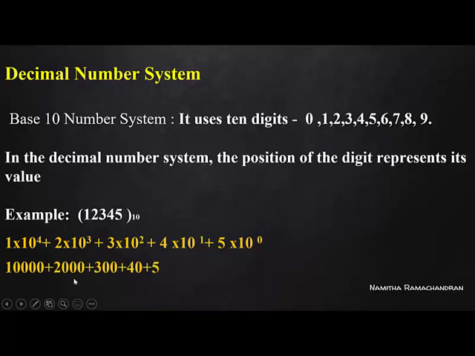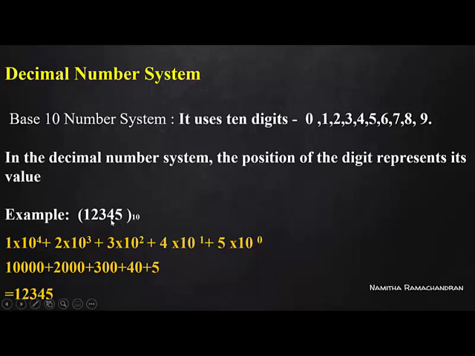So add up all these values. This is the actual value of this particular number representation. What is it? 12,345. Keep this point in your mind: the position of the digit represents its value. This 5 is present in the unit place, so its value is 5 only.